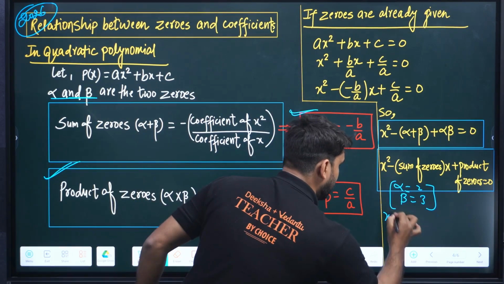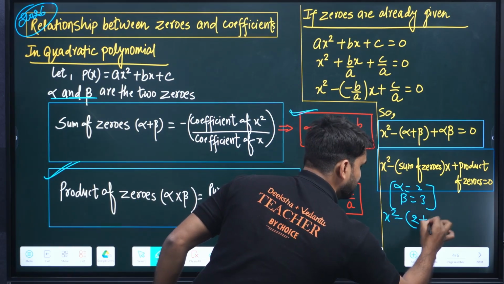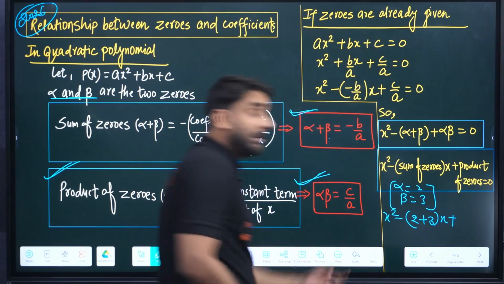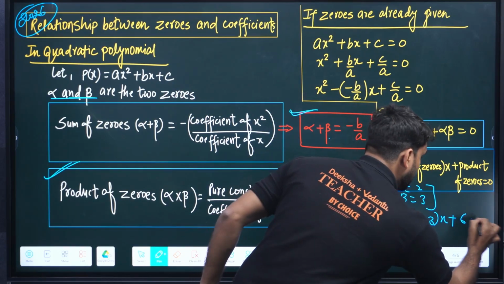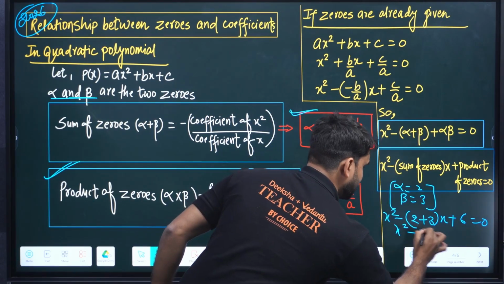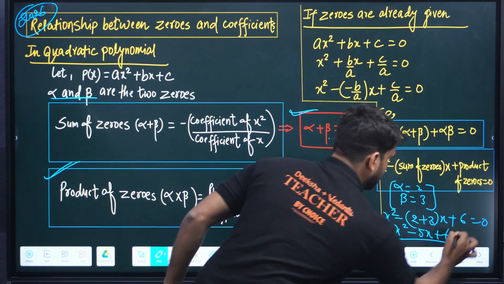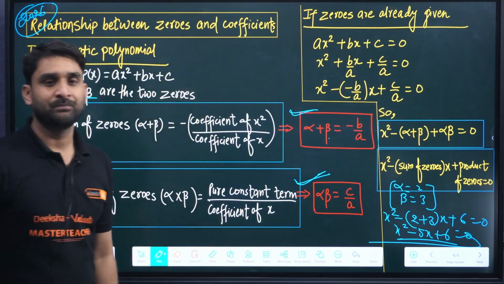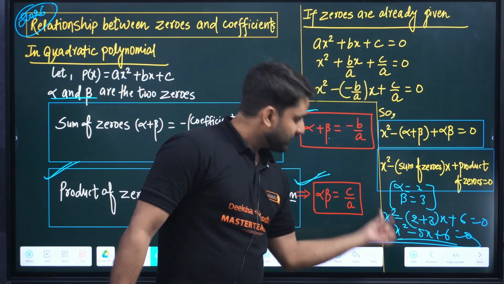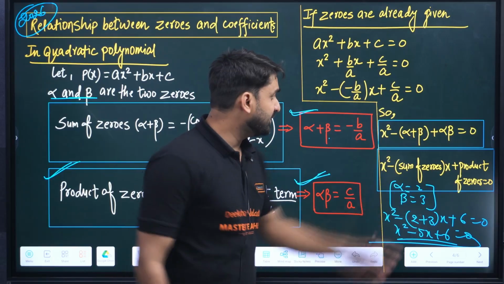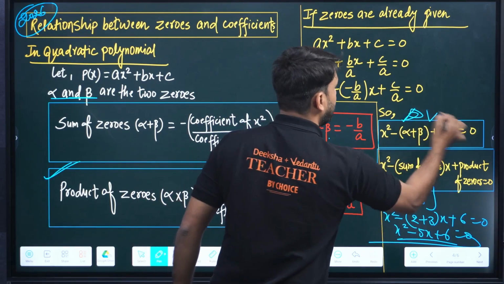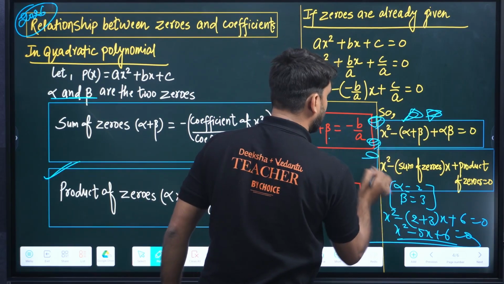We can calculate x square minus sum of zeros, meaning 2 plus 3, x, plus product of zeros, 2 into 3 is 6. So the answer will be x square minus 5x plus 6 equals 0. This will be the polynomial. The zeros will be 2 and 3. So by using this, we can find the quadratic polynomial if the roots are already given to you.